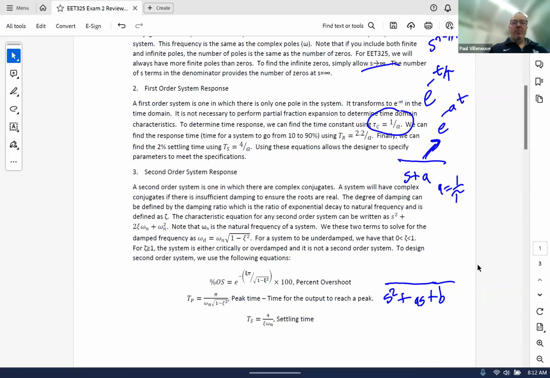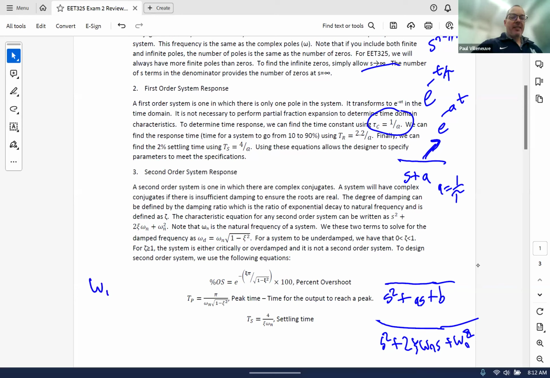So we redefine these to say S squared plus 2 zeta omega sub n S plus omega sub n squared. And now, squared, sorry, hard to write on the keyboard. And now once we have this information, we're actually able to start to look and say, wow, I have some really interesting components here.